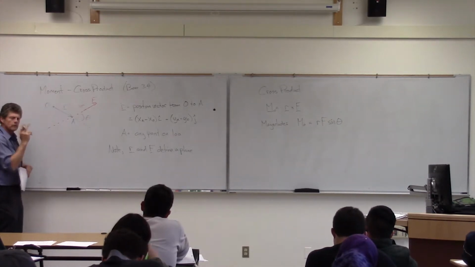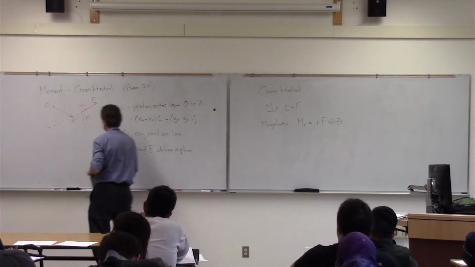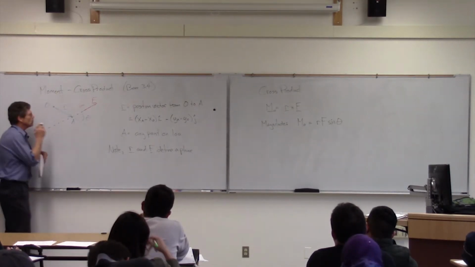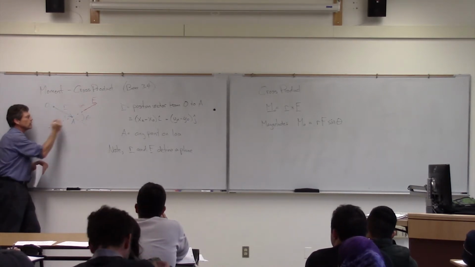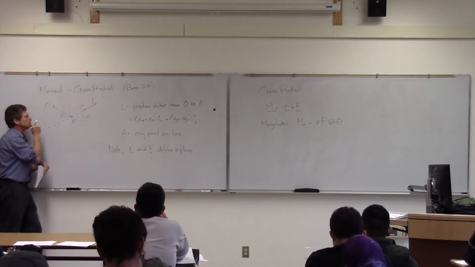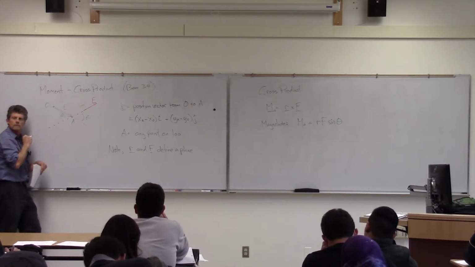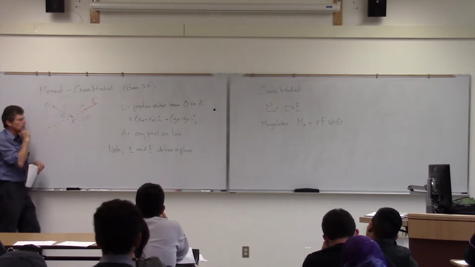Now, an interesting thing, let's think about this. If we look at that angle there, what's this angle here? Theta. Now, if I've got a length defined here as R, what's R times sine theta?